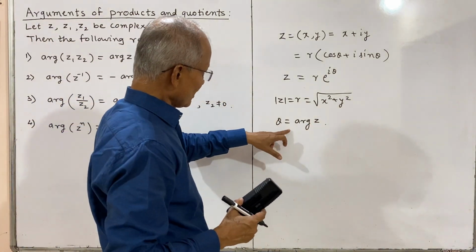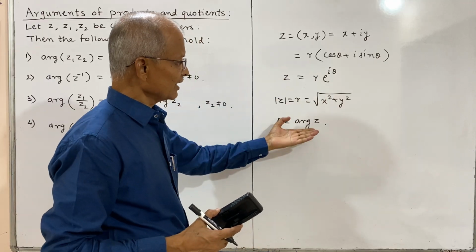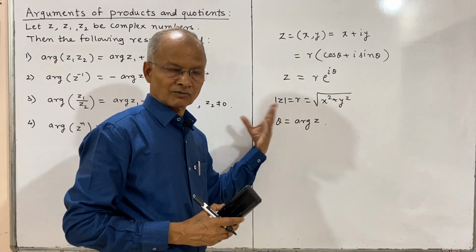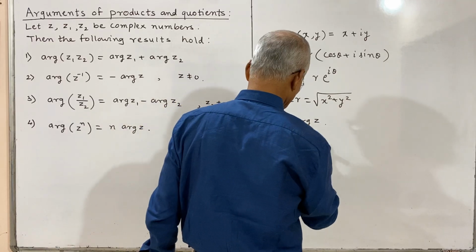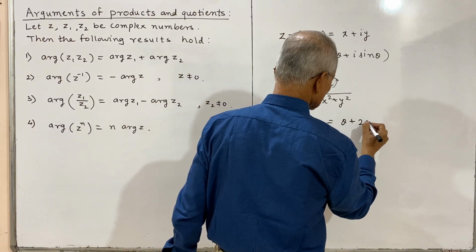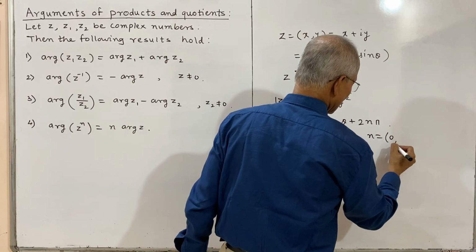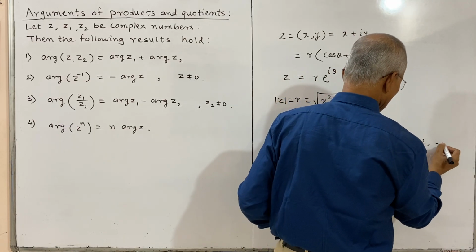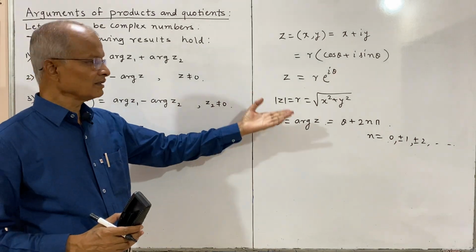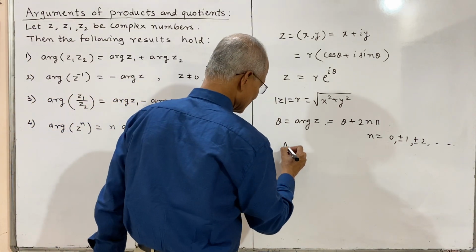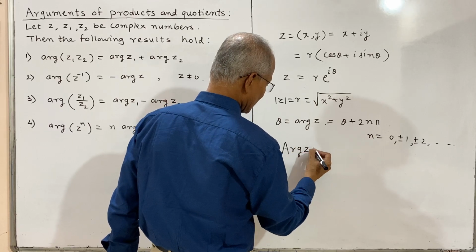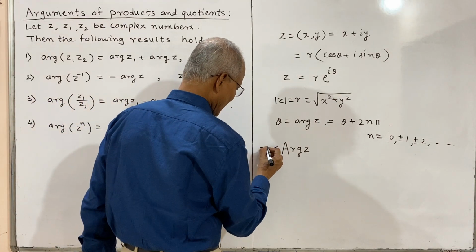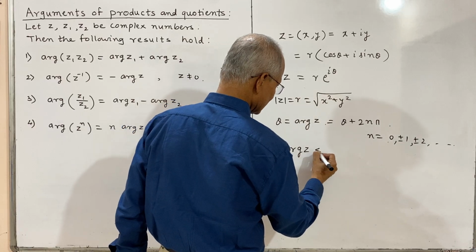And we know if theta is an argument of z, then there are infinitely many values of argument of z, which differ by integer multiples of 2 pi, that is theta plus 2n pi, where n is any integer: n equals 0, plus minus 1, plus minus 2, etc. We have also considered the principal argument, denoted by capital Arg z, which is that value of theta lying between minus pi strictly less than Arg z less than or equal to pi.